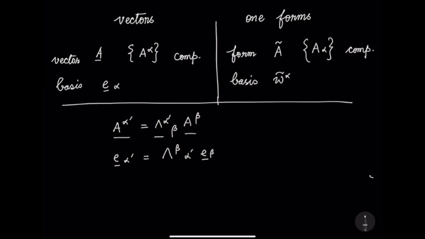Now when I come to the right hand side, I have A alpha prime. Now this will transform like lambda beta here first and then alpha prime and then A beta, and I have the basis 1 forms.